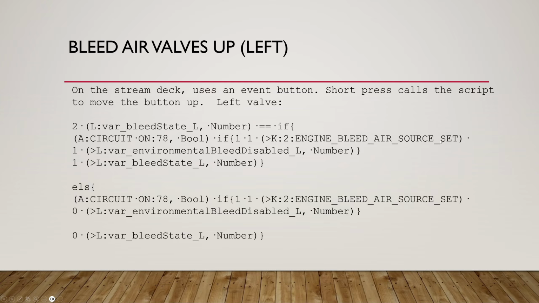and we're going to use a K event to bleed the air, but we're going to use an L variable to make sure whether the environmental part of the bleed is active or not. So this bit here will be turning on the instrument feed, but this one will be turning off the cabin, and then it will move the switch, animate the switch basically.